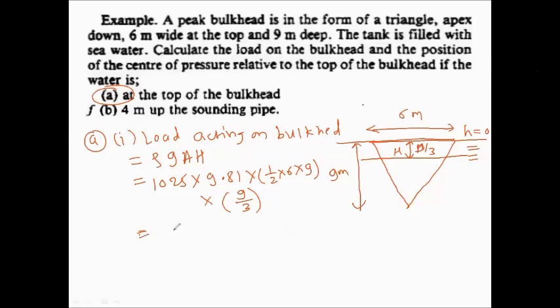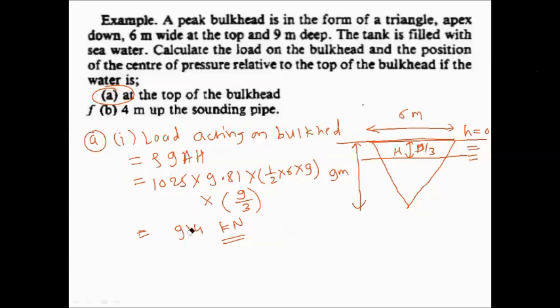That will be, it was coming around 914 kilonewton. Okay, so that is the load acting on the bulkhead. Now, okay, so there is a small mistake in the calculation.